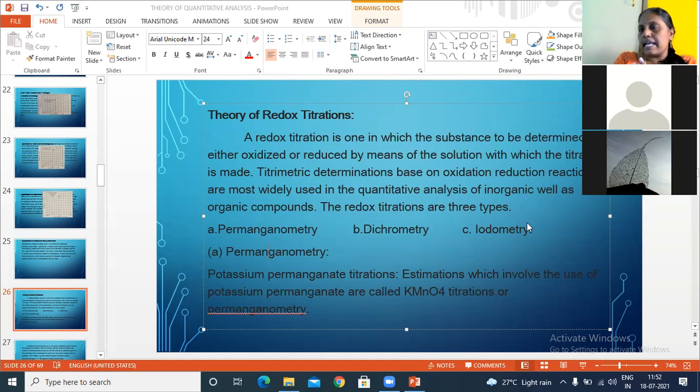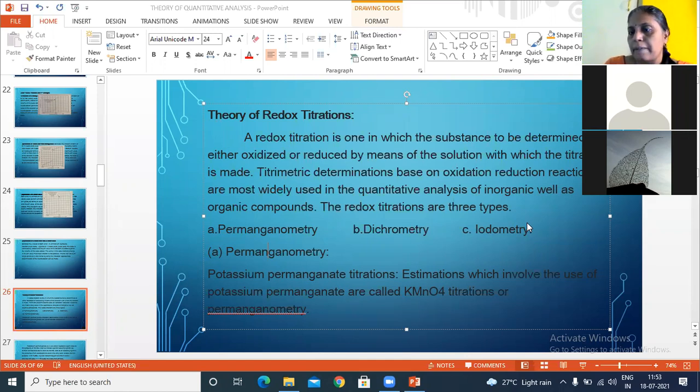So redox reactions are of three types: permanganometry titrations, dichrometry titrations, and iodometry titrations. Permanganometry titrations are those where we estimate a substance using potassium permanganate. Dichrometry is if we use potassium dichromate, K2Cr2O7, so they are dichrometric titrations or potassium dichromate titrations.